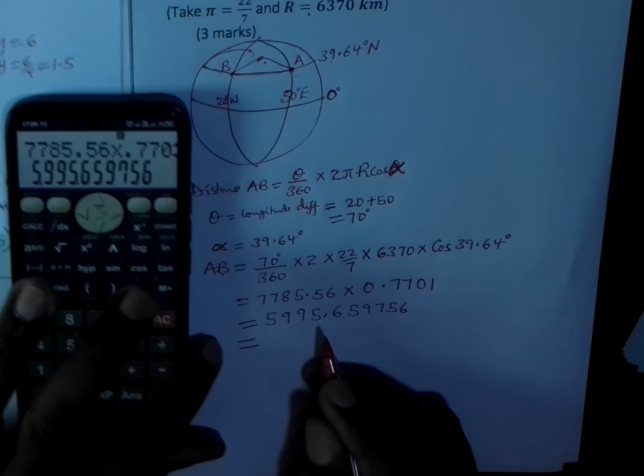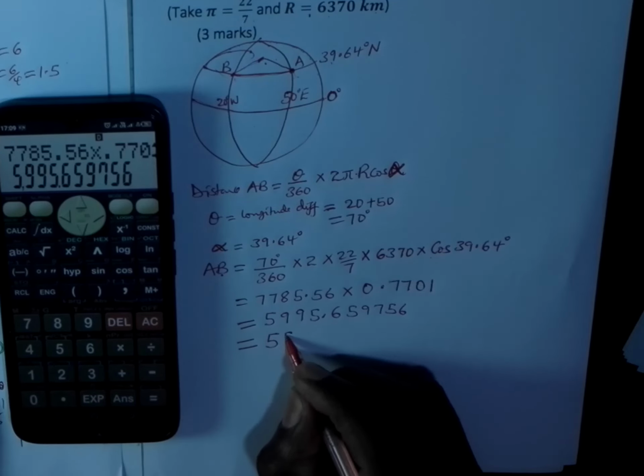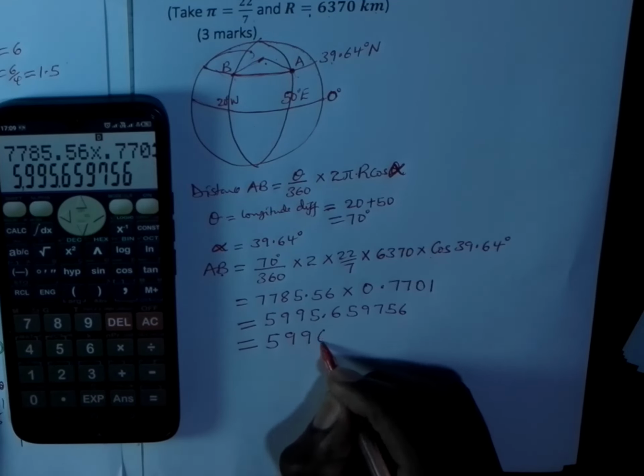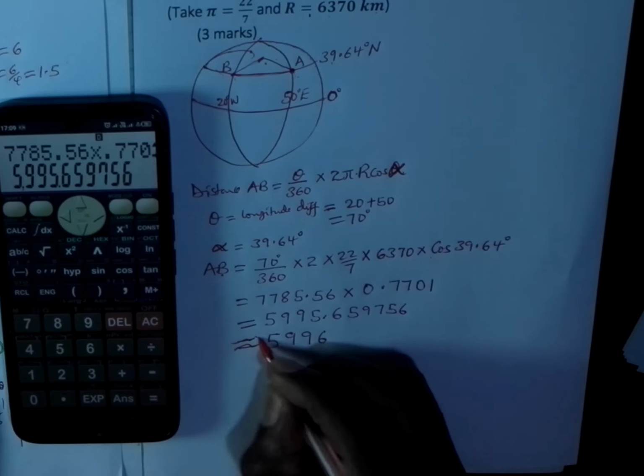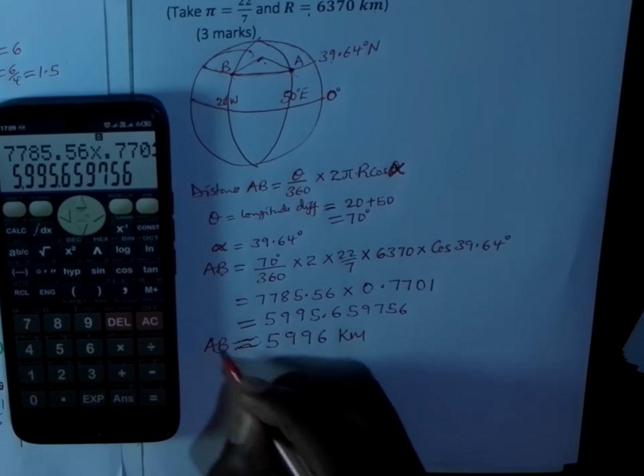Therefore, this will be 5,996 approximately. So that is the distance AB.